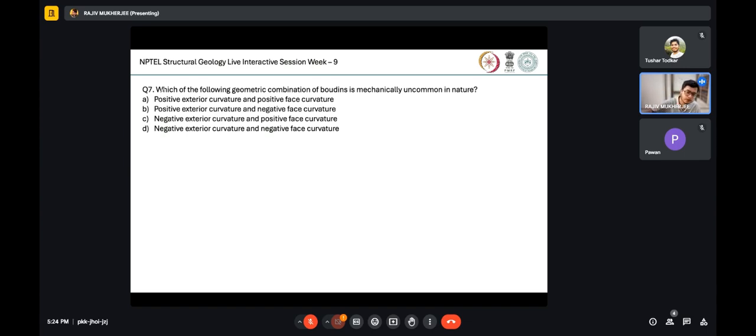Okay. So in the geometric classification of Boudins, we can draw the classification diagram like this. So we have face curvature here and we have exterior curvature here.